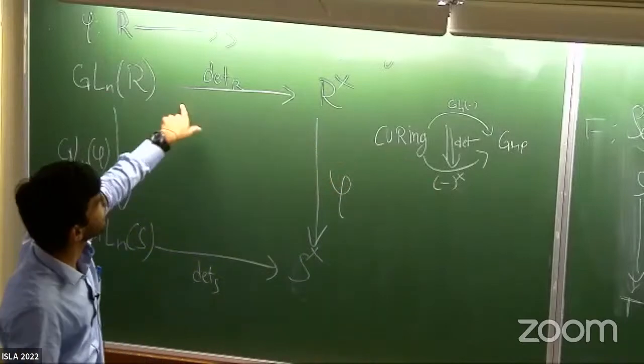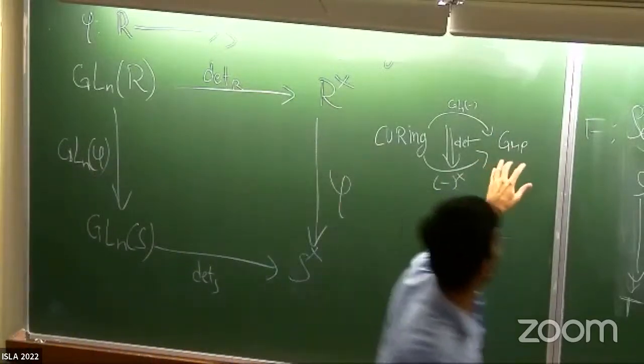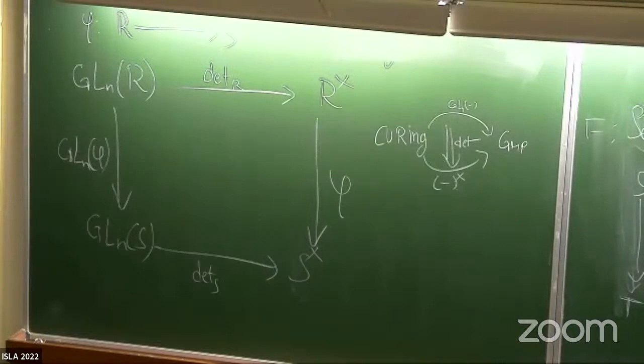One arrow for each object here. So that's a natural transformation.